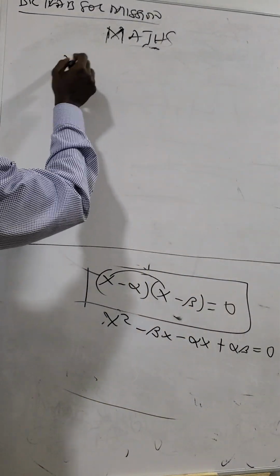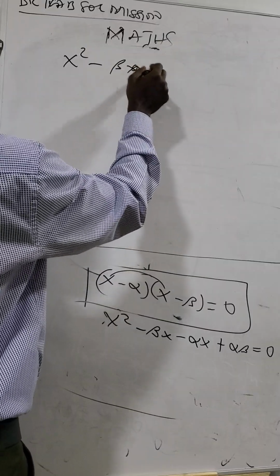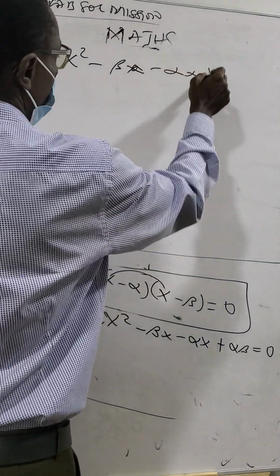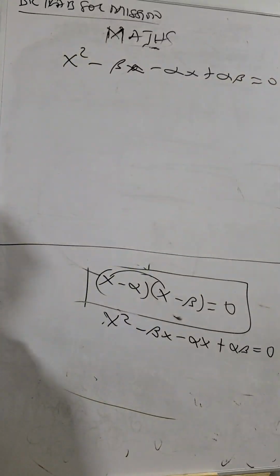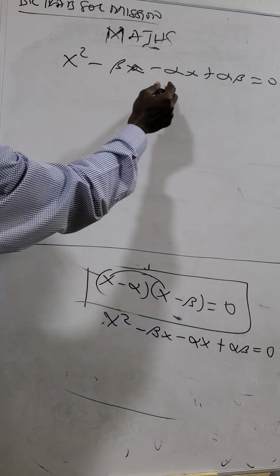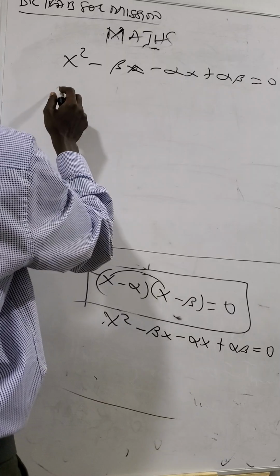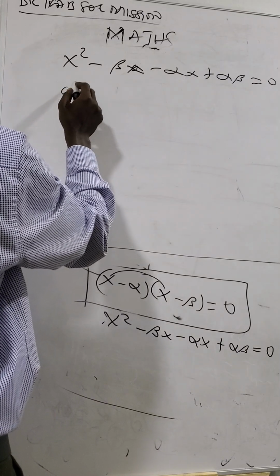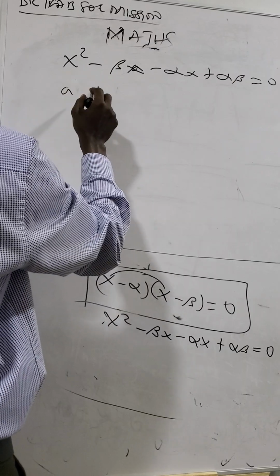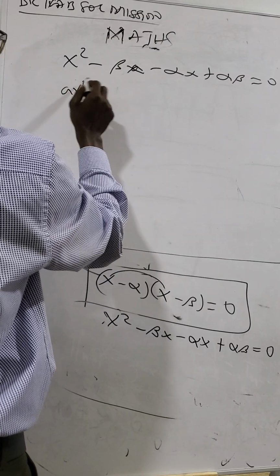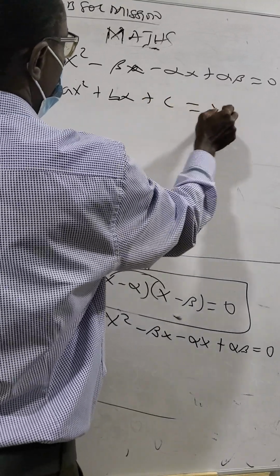So from here we have x squared minus beta x, and beta x minus alpha x plus alpha beta is equal to 0. Now, if you look at this like we have done before, we are trying to compare this one with ax squared plus bx plus c is equal to 0.